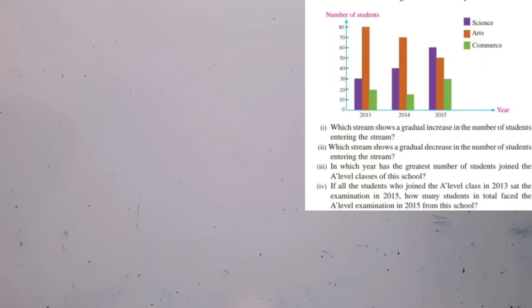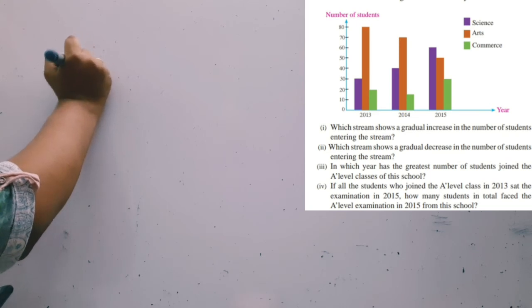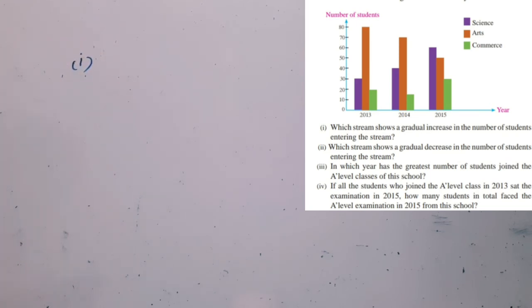So now let's answer the first question. Which stream shows a gradual increase in the number of students entering the stream? Increase in the sense the height of the bar should increase gradually. So which color bar increases gradually? You can see the purple one increases gradually. The height increases, right? So that is the science stream.